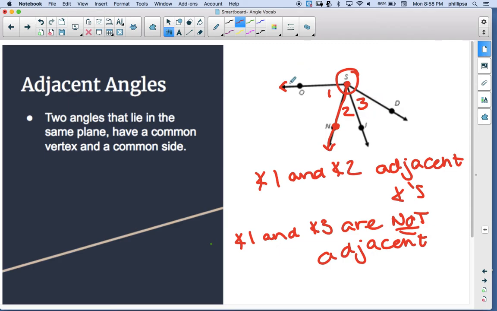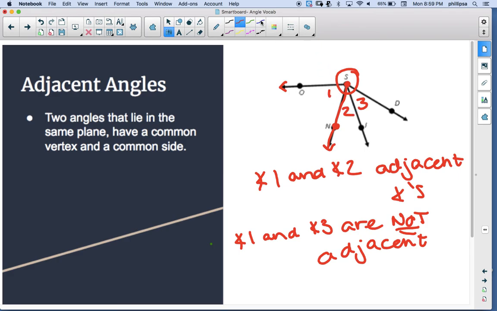So notice that the rays that are needed to create angle 1 are SO and SN, but the rays needed for angle 3 are SI and SD. So they do not share a common side. So 1 and 3 are not adjacent, 1 and 2 are adjacent.